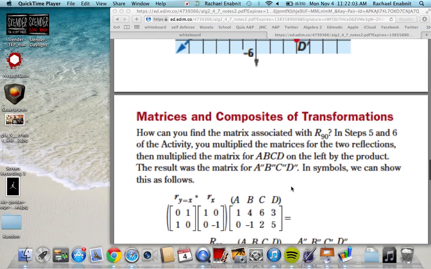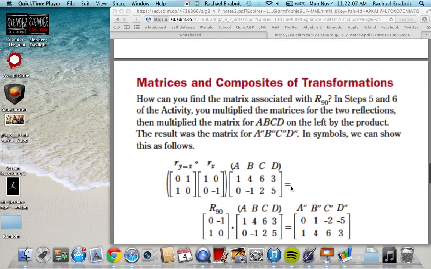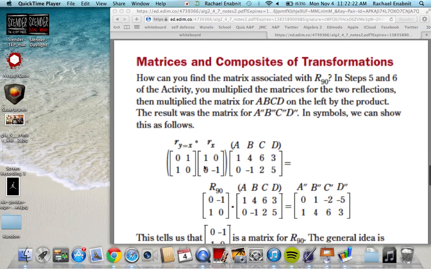How can you find the matrix associated with R90? In steps 5 and 6 of the activity, you multiplied the matrices for two reflections, then multiplied the matrix for ABCD on the left by the product. The result is the matrix for the copy. In symbols, we can show this as follows.